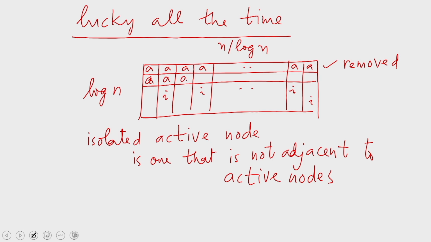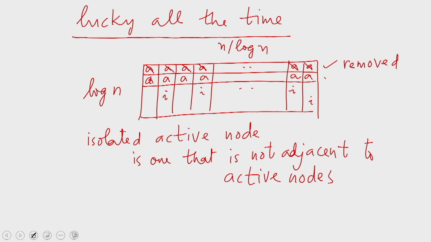All these nodes become active now. These all have been removed. The elements of the 0th row have all been removed. The elements in the first row are now active.